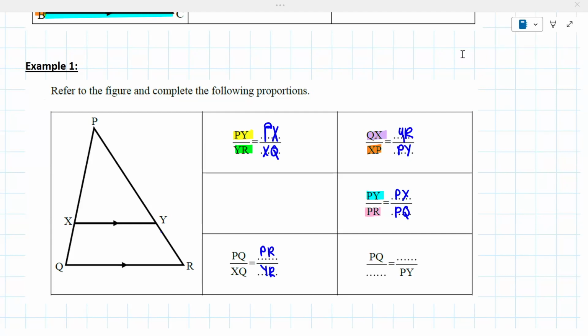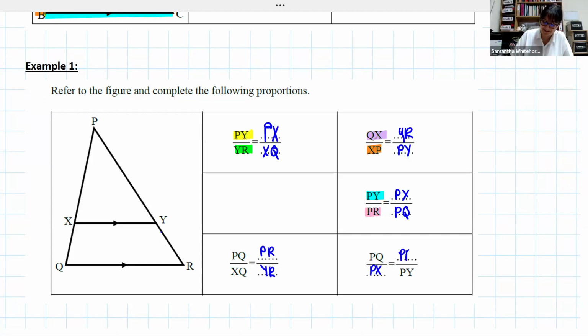Ma'am, the first denominator is PX. Thank you, Siba. And the numerator is PY. I mean PR. PR, good.